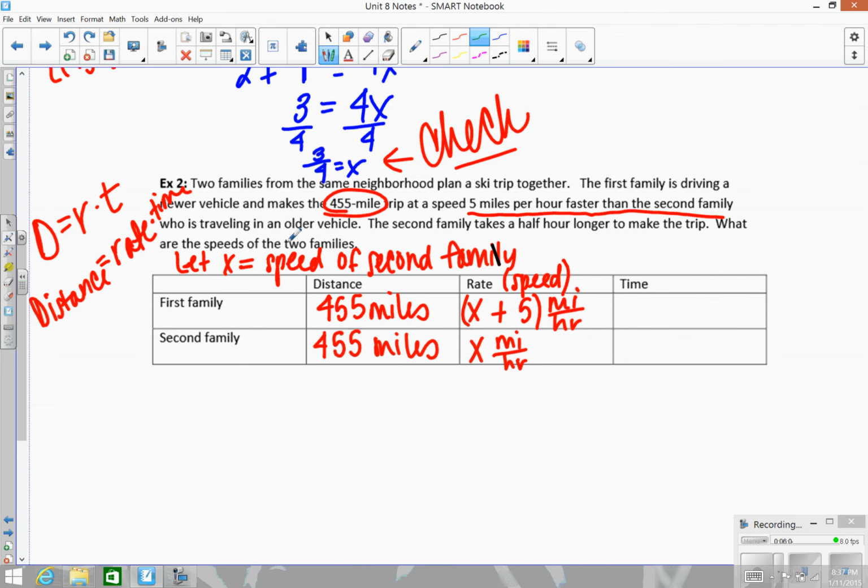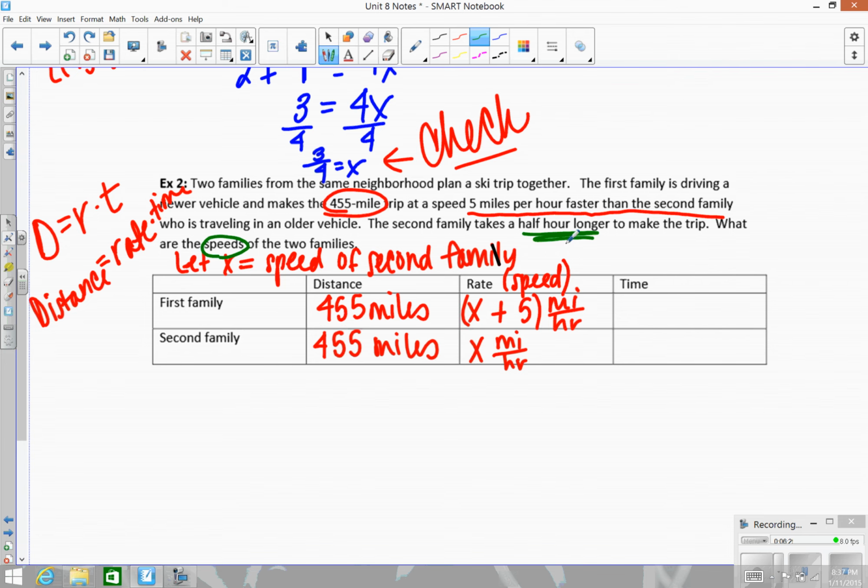It says the second family takes a half hour longer to make the trip, and we're trying to figure out what the speeds of the two families are. So we want to basically solve this for x.